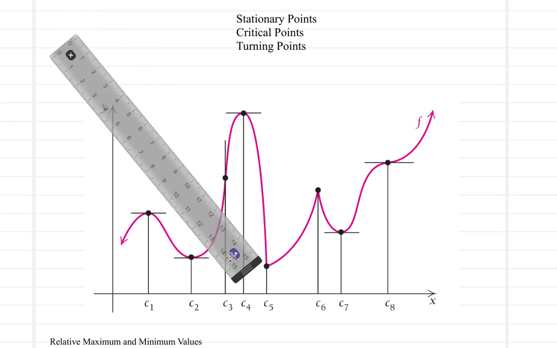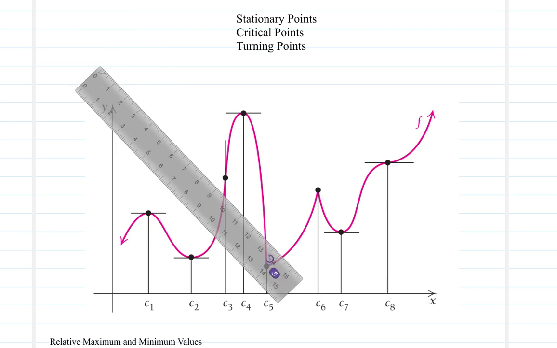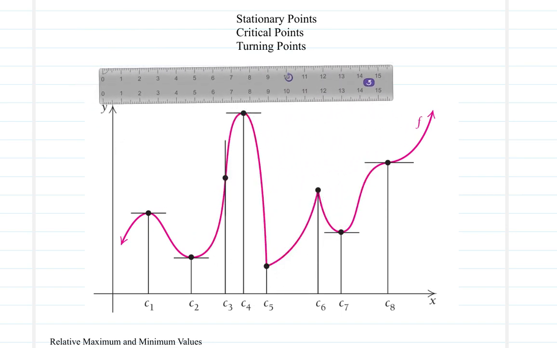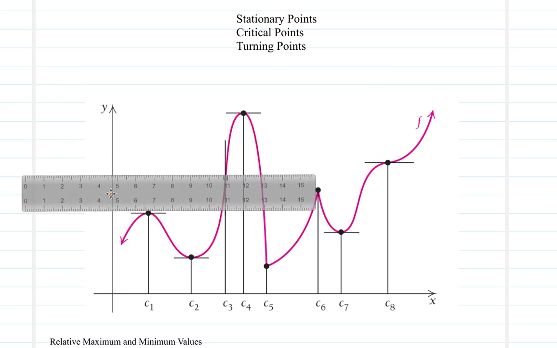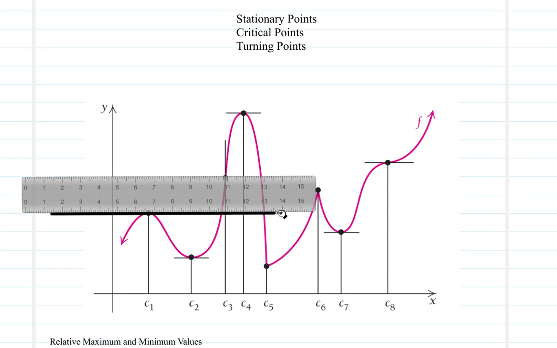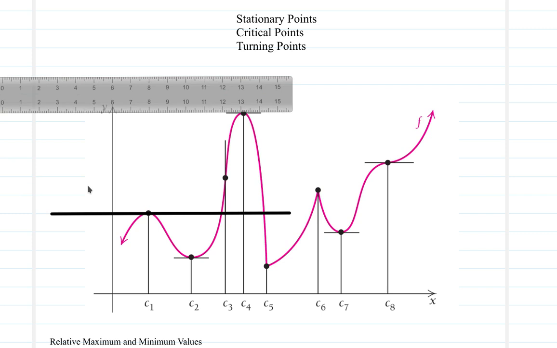But if I should use a ruler to line up right at the top of the hill, right at C1, then the line that I would have to draw is this. And it has a gradient of 0.